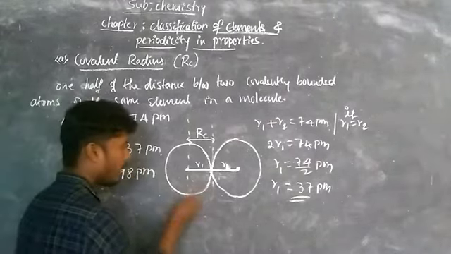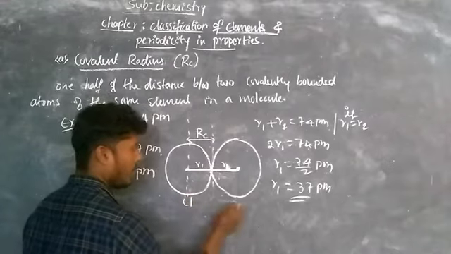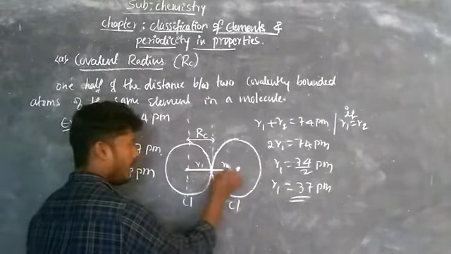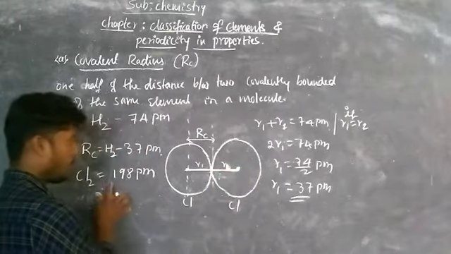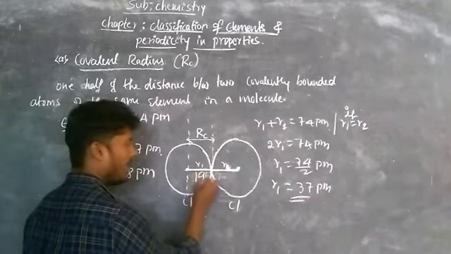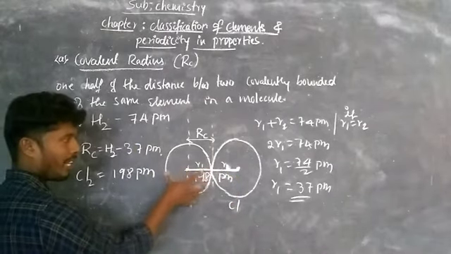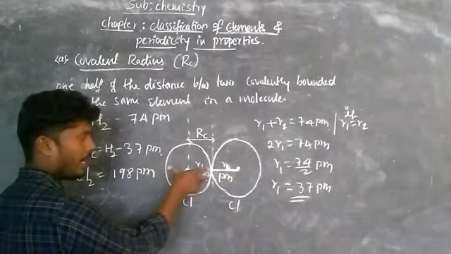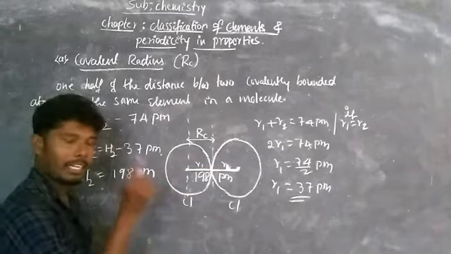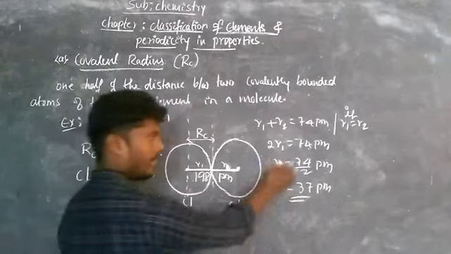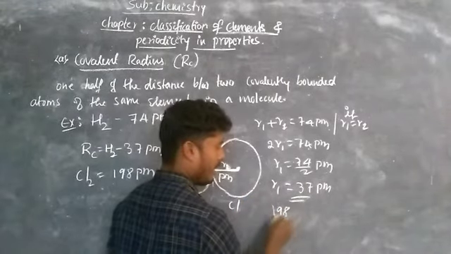Let us say this is one chlorine atom and this is another chlorine atom. The distance between these two is 198 picometer. Therefore, the covalent radius of each atom is 198 divided by 2.